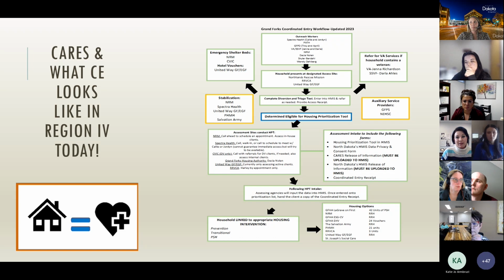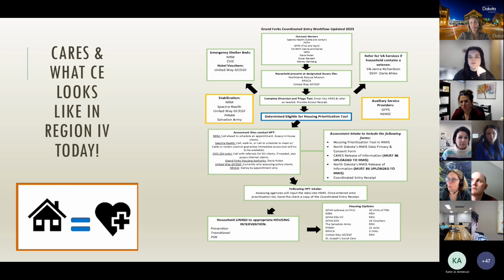The time on the list really just depends. It depends on available housing. It depends on whether or not the people can be contacted. The housing providers do have 2 weeks, and by our prioritization policy, they're required to attempt to contact the household 3 times before we can close that referral. Does that answer your question, Shay?